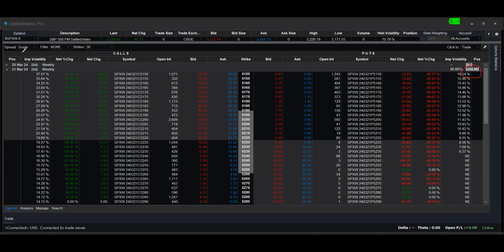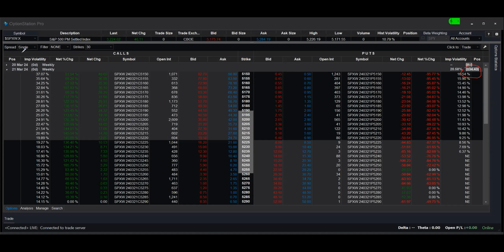So tomorrow we can expect the S&P 500 settle index to move up 34 points or down 34 points. So the implied volatility already gives us a range of where we can expect this move to take place tomorrow.